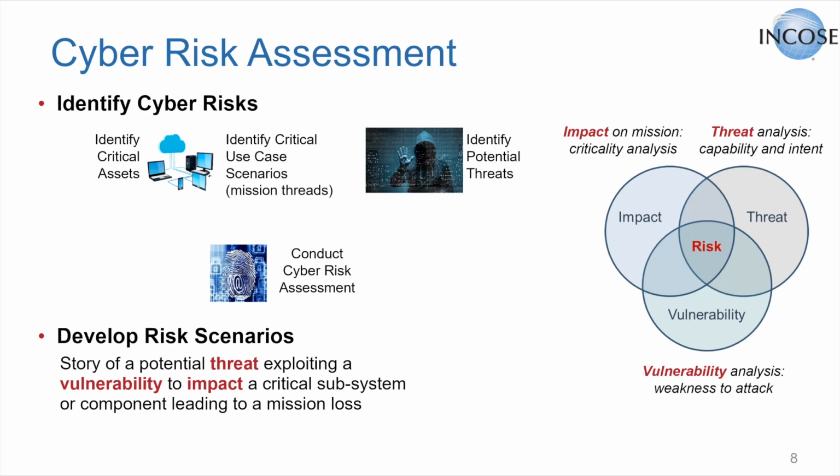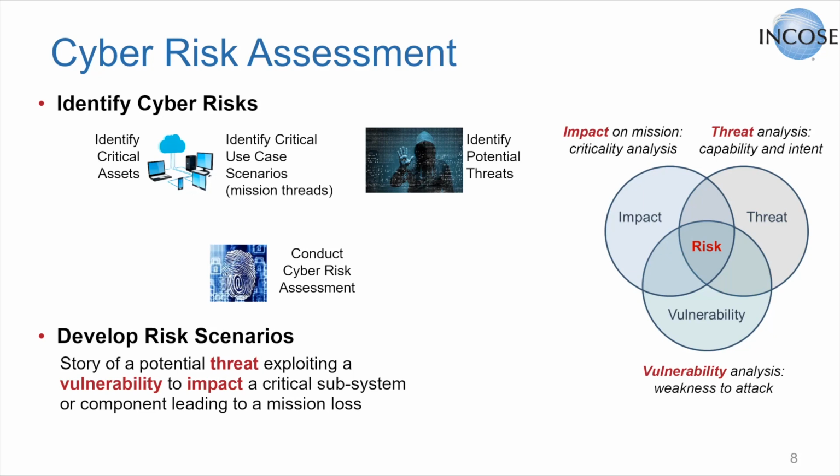The graphic on the right shows that cyber risk is the intersection of the threat, the vulnerability, and the impact. If I have a threat on a part of the system that's vulnerable, but that part of the system is not important to the mission, then it's not really a risk. So I have to have all three to call it a cyber risk, but it also means that if I can reduce any of those, I can reduce the risk.